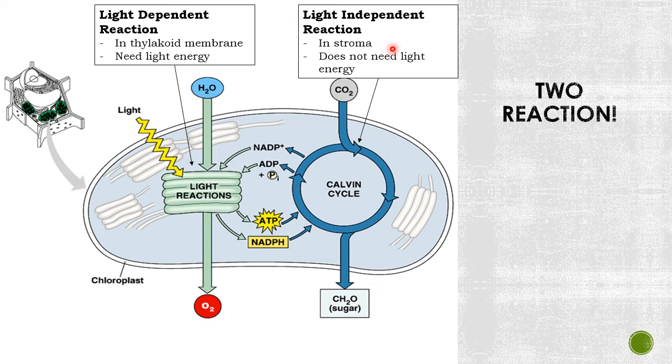While the light-independent reaction does not need light energy, and this reaction occurs in the stroma of the chloroplast. Both of these reactions are needed to achieve the goal of producing glucose with a high energy level, and that is the process of photosynthesis.